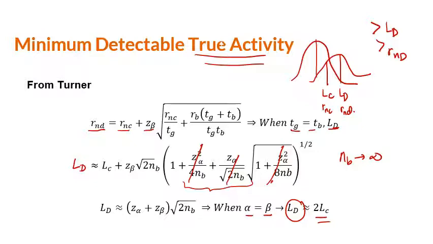Kapag less than LC, dito, okay, pag nandito sa side na ito, less than LC, yung measured radiation natin, ang masasabi mo is walang activity. So, or no significant activity. Madaling sabihin yung case na there's no significant activity.